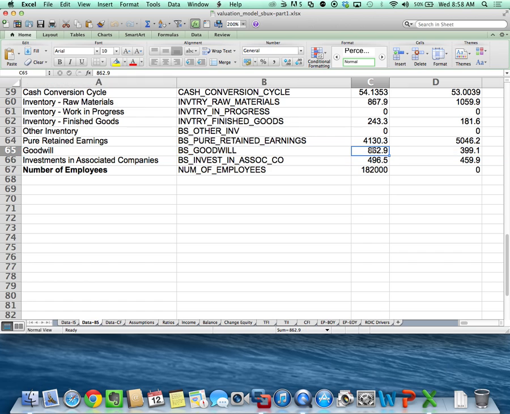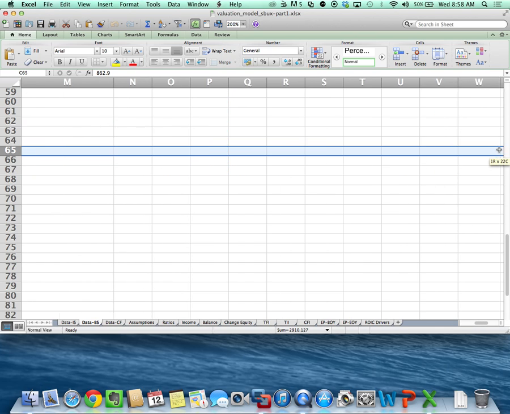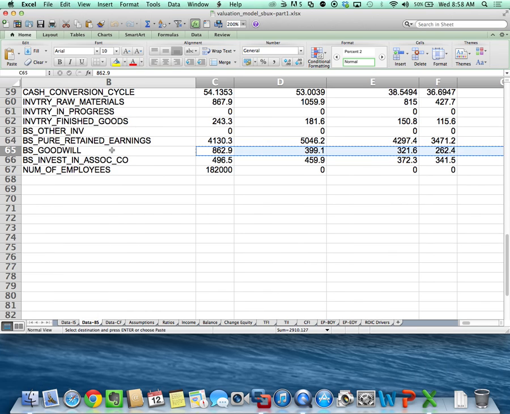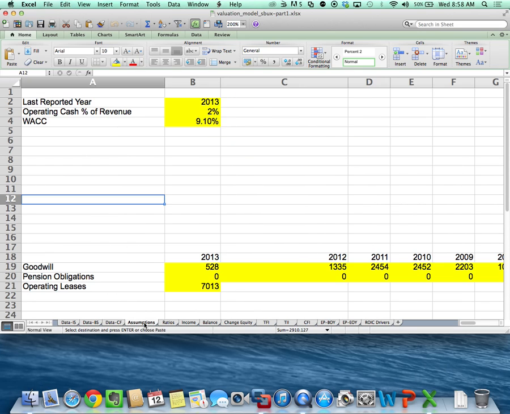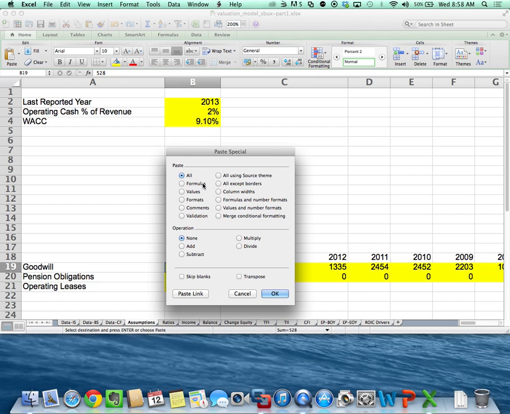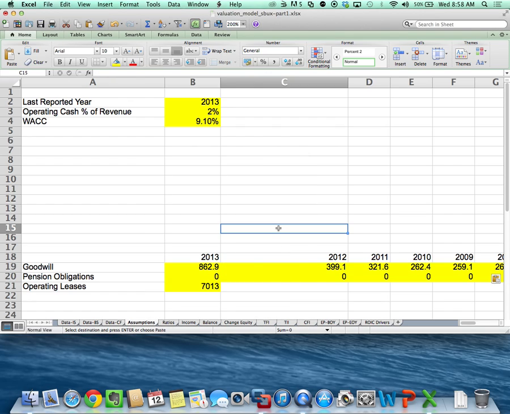So all we have to do is take the goodwill, take all of the goodwill numbers, copy it, go to the assumptions tab, paste special values. And that will be Starbucks goodwill.